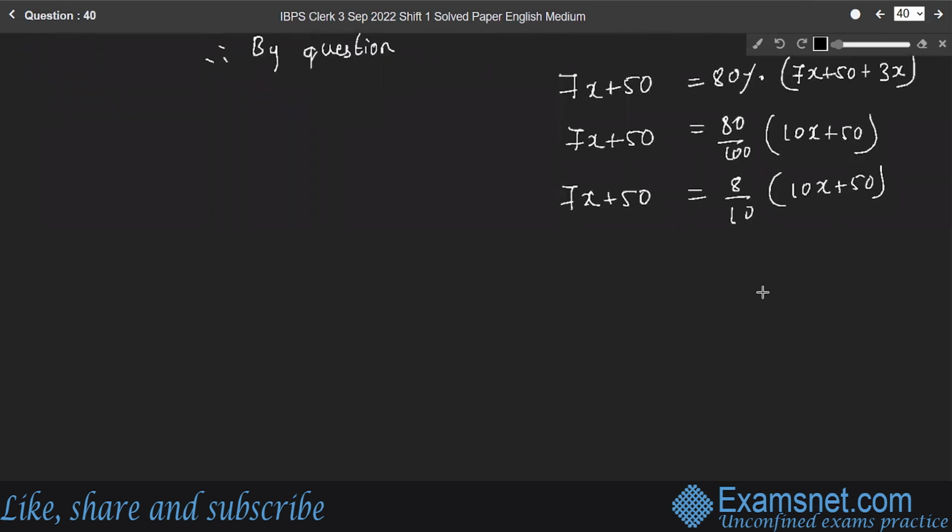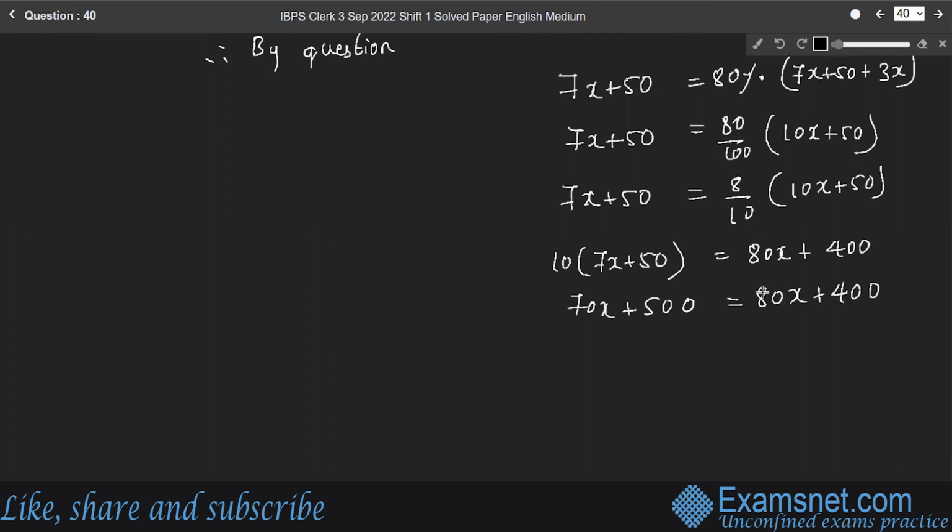So find the value of x here. 10 into 7x plus 50 is equal to 8 into 10x plus 50, that is 80x plus 400. So 70x plus 500 is equal to 80x plus 400. So 80 minus 70 is 10x is equal to 500 minus 400, which is 100. Therefore, x is equal to 10.